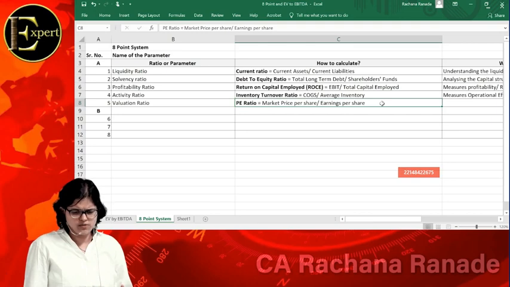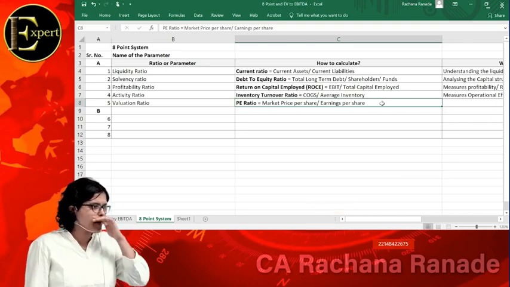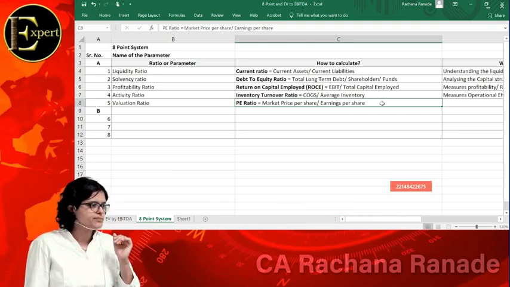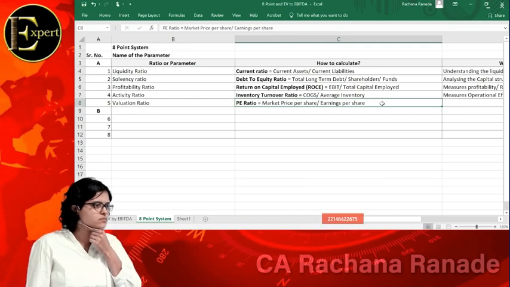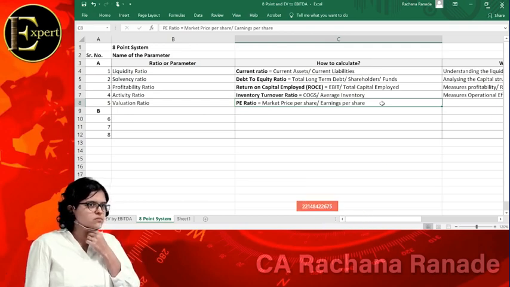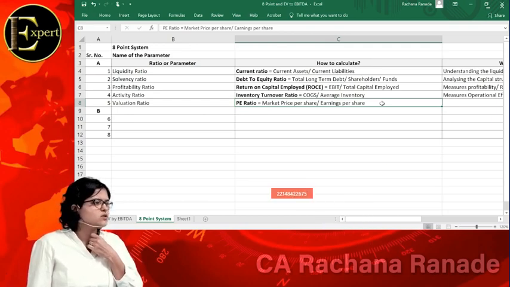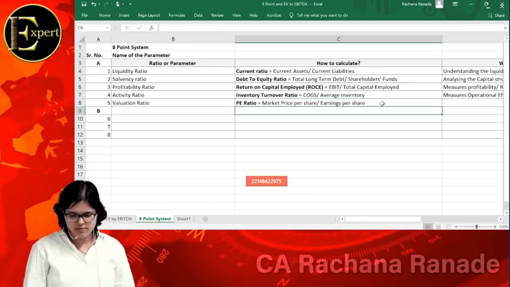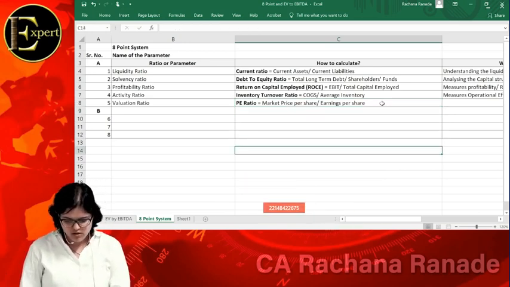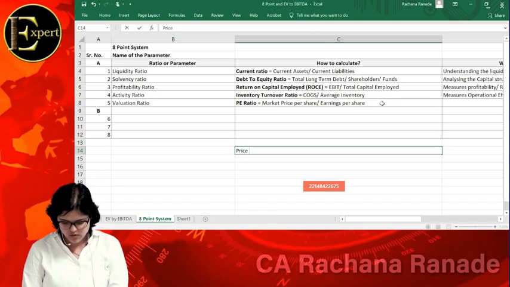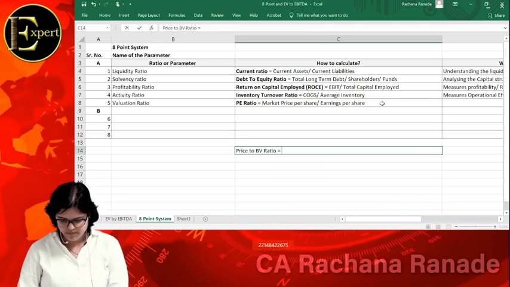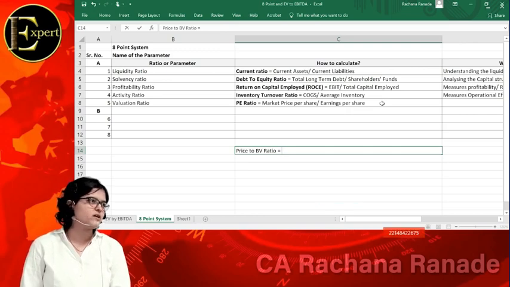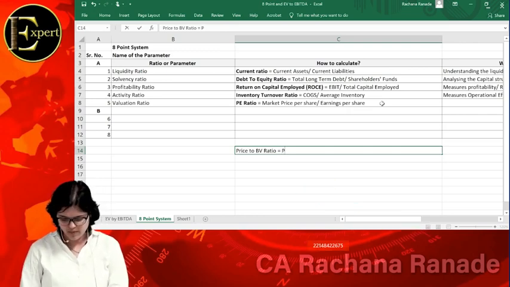We have not written what P to BV is. So write the formula there. See, it's so simple. The price to BV ratio will be equal to price per share divided by book value per share.